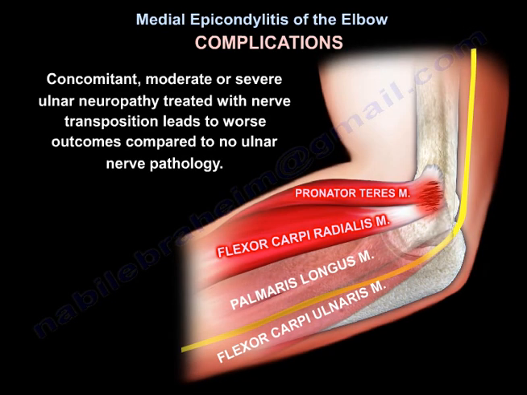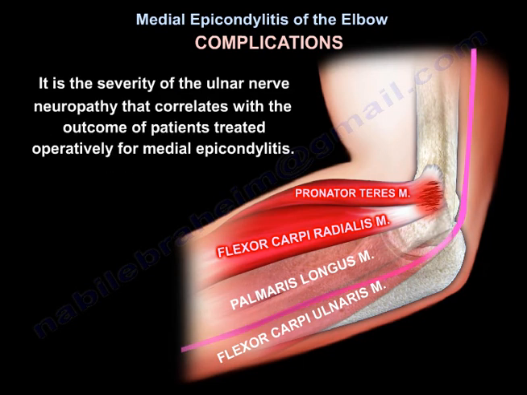Concomitant moderate or severe ulnar neuropathy treated with nerve transposition leads to worse outcomes compared with no ulnar nerve pathology. It is the severity of the ulnar nerve neuropathy that correlates with the outcome of patient treated operatively for medial epicondylitis.